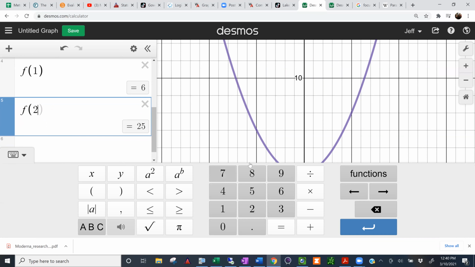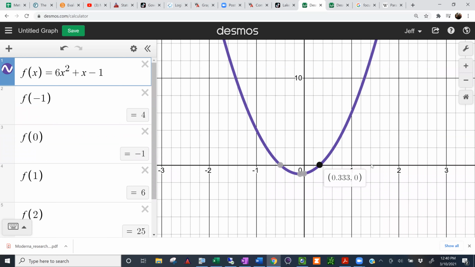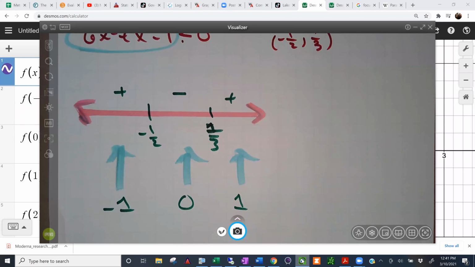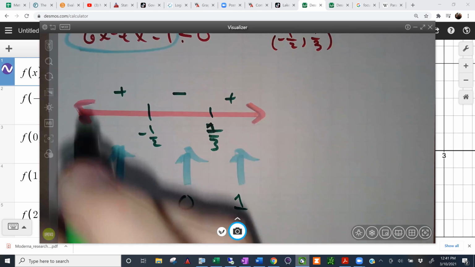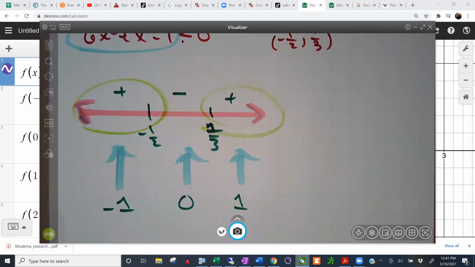No matter what point you choose to the right of 1/3, when you plug that in, the function is going to be positive at that point. And that's what we're interested in, knowing where the function is positive or negative. Because for us, in our solution, we want the positive part. I want those two intervals.